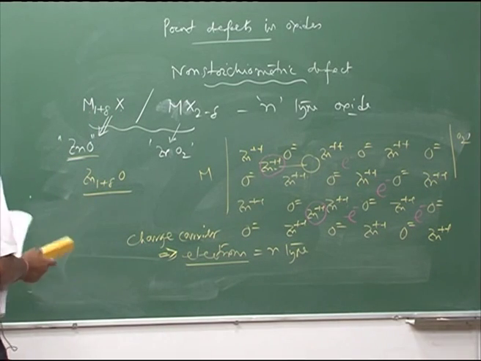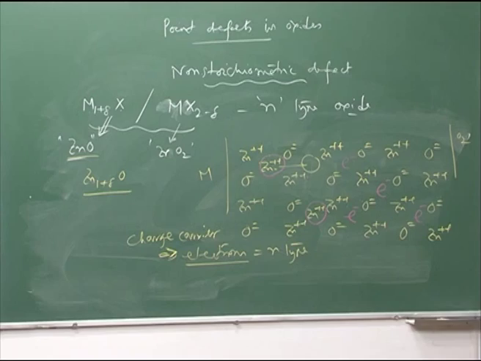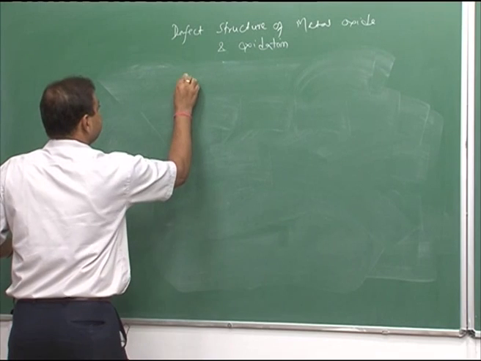And another non-stoichiometric defect is p type, and there we can also have a demonstration of p type oxide.